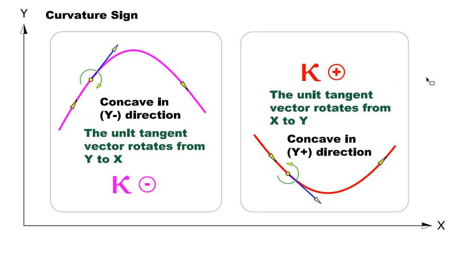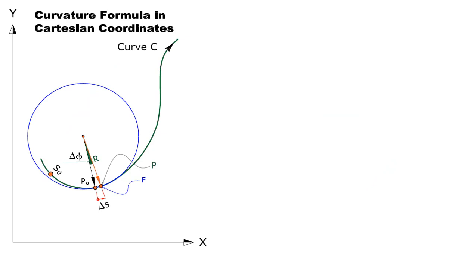We also notice that the unit tangential vector here, if it is rotating from y to x, then kappa is negative, and in the second case, if the unit vector is rotating from x to y, then the curvature is positive. Let's find out now the curvature formula in Cartesian coordinates.